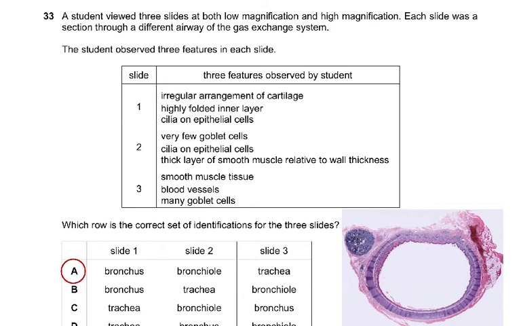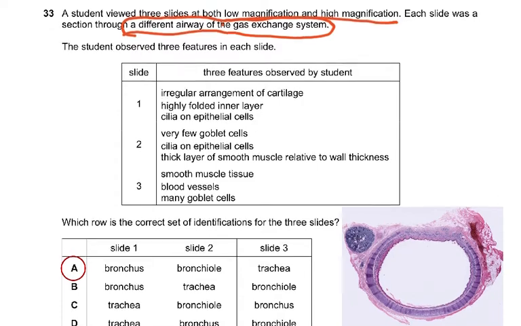A student viewed 3 slides at both low magnification and high magnification. Always read the question very carefully. Each slide was a section through a different airway of the gas exchange system. The student observed 3 features in each slide. Number 1, irregular arrangement of cartilage highly folded in a layer, cilia on epithelial cells.